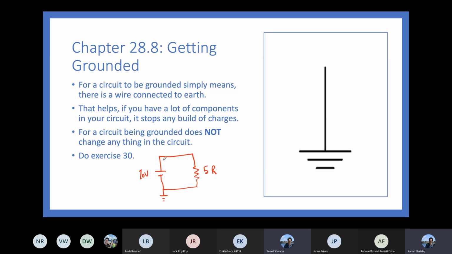If you want to find what I is equal to, it will just be 10 over 5, equal to 2 amperes. Same thing, nothing changes. The only difference is that at this point, you know that the voltage is 0.